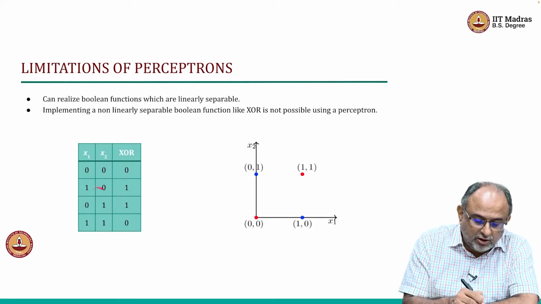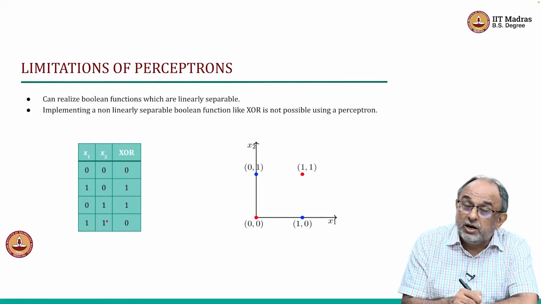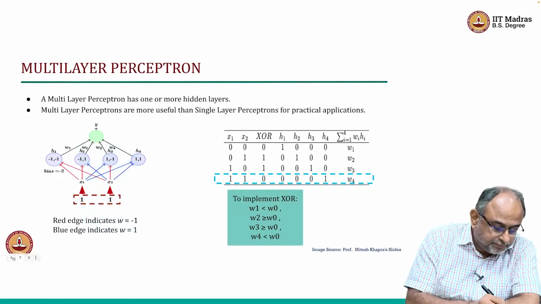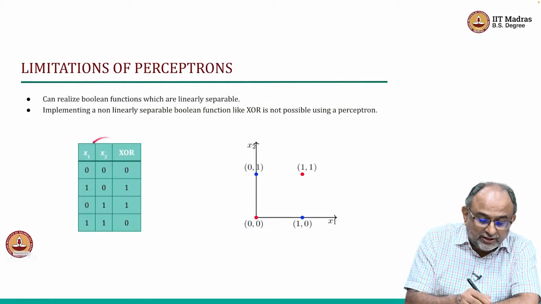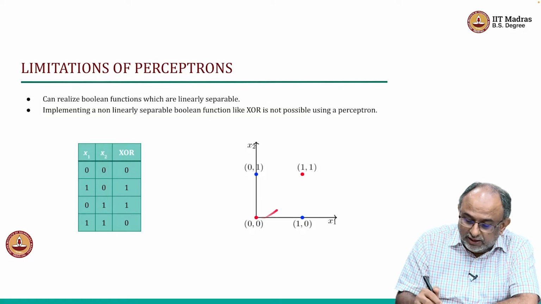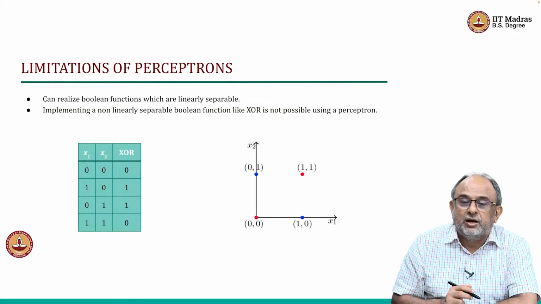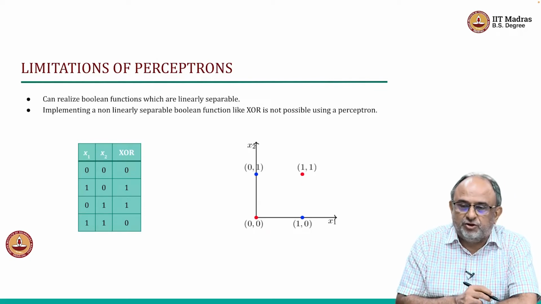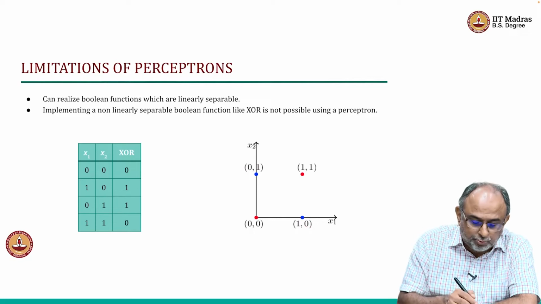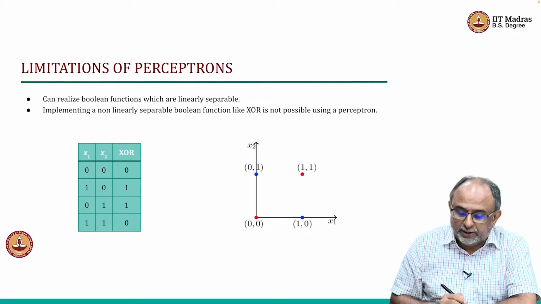So 0 and 1 is going to give 1, 1 and 0 is going to give 1, and 1 and 1, it's exclusive, so again it will give you 0. If you look at the XOR problem, two of them, 0 0 and 1 1, belong to the red category, if I want to call that zeros, and blue, which is 0 1 and 1 0, are going to output 1. They belong to a separate category.